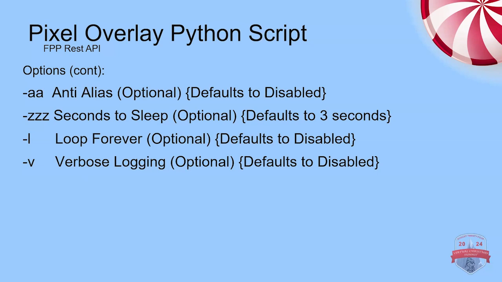It knows when it's completed that. And verbose logging there is within the Python script. I have several things that will display if you turn that on to give you an idea of what's going on, especially if you run into a problem. So those are the options.